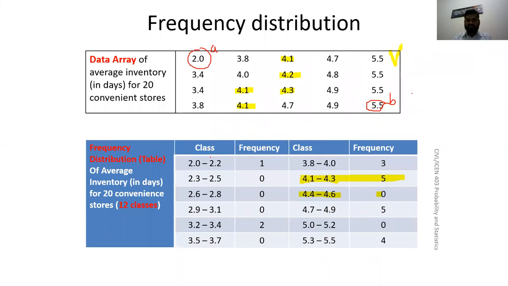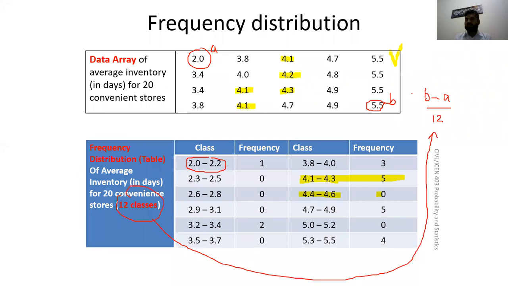Okay, then this class interval, how I got this class interval of 0.3 is B minus A divided by the number of classes, whatever classes you want to take. I took here 12 classes, right? So this 12 comes here, number of classes.